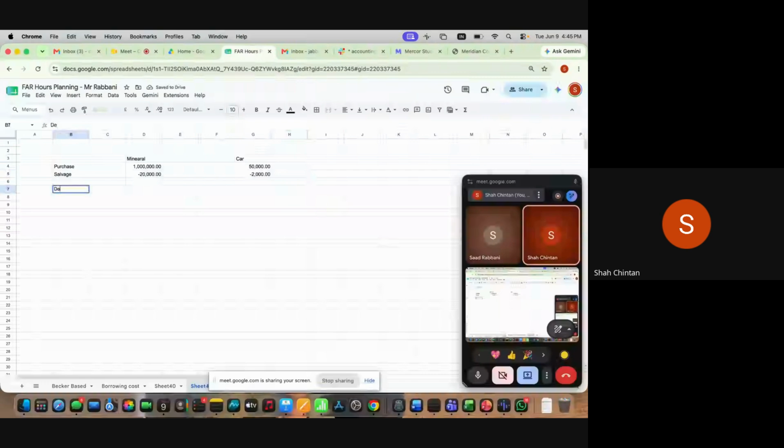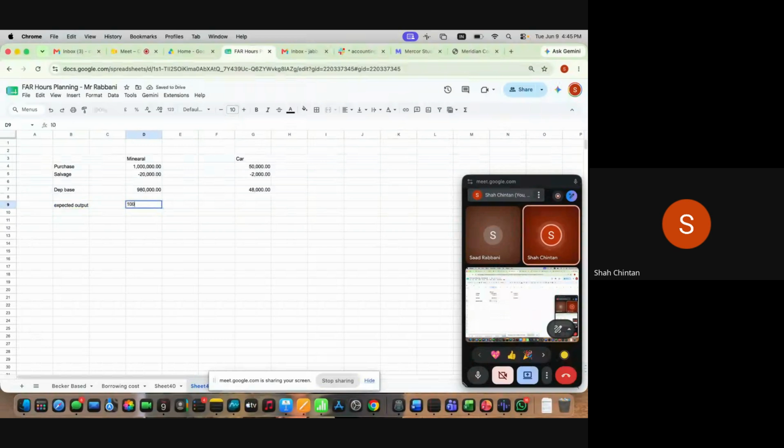Your depreciable base is going to be 9,80,000 and 48,000. अब हम लोग क्या बोल रहे हैं, what is your expected output out of this? So let's say mineral में हम लोग बोल रहे हैं कि we are going to sell let's say 1 lakh units of mineral over the next 5 years. And car में हम बोल रहे हैं कि we are going to run let's say 75,000 kilometers in total.